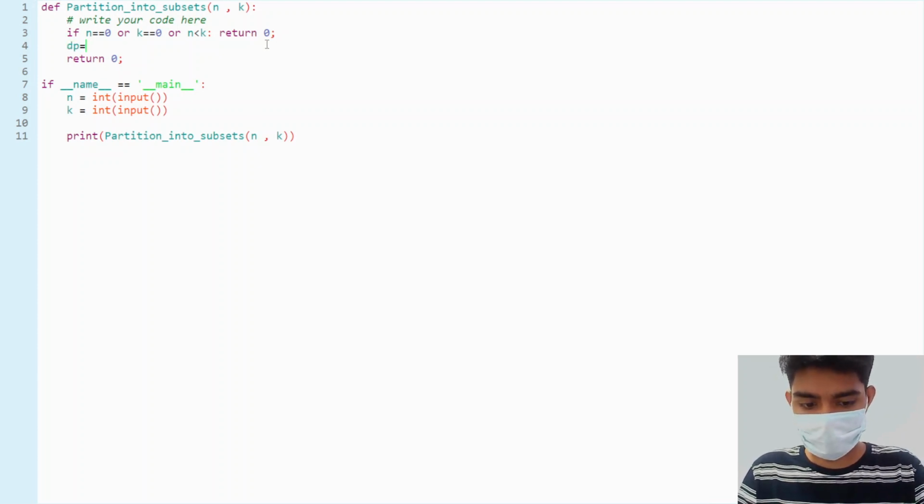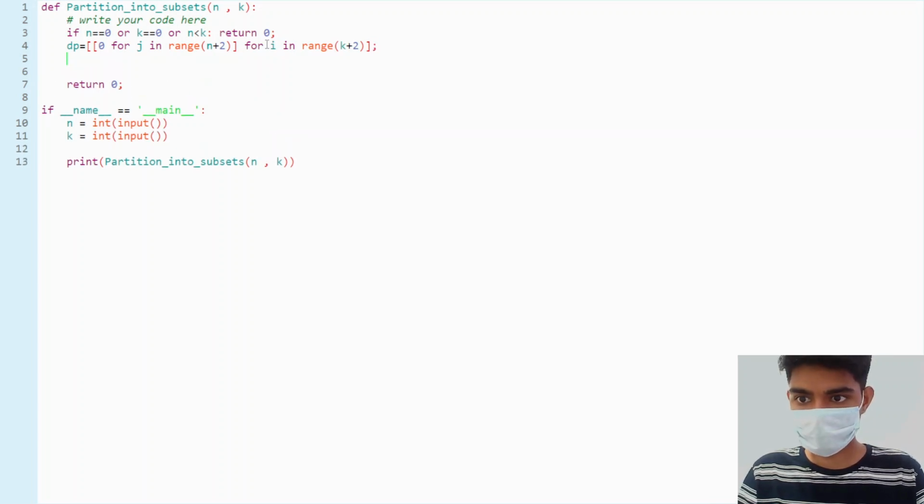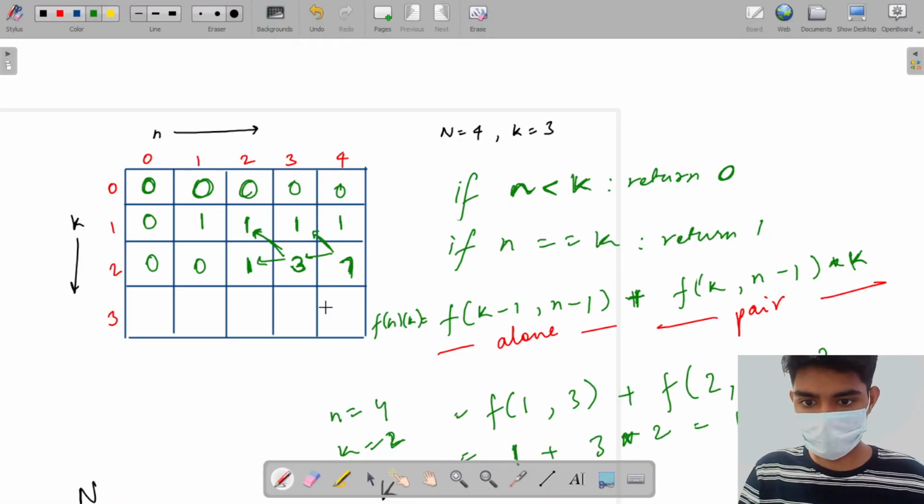Now let's make a DP array, right? 0 for j in range, and my j would represent n, and my i would represent k. And my answer would be at the end of it, right?